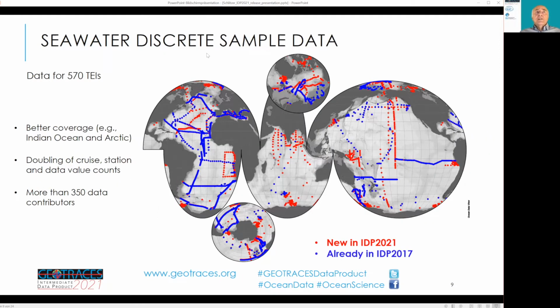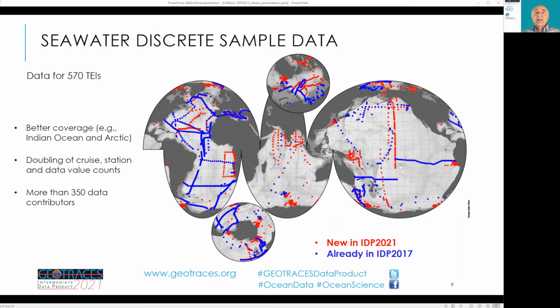So the seawater discrete sample data set, which I would consider the core of the IDP and the one with the most values. The data coverage is shown here in this map. In blue, the stations that were already in the IDP 2017. In red, those stations that are new in the IDP 2021.